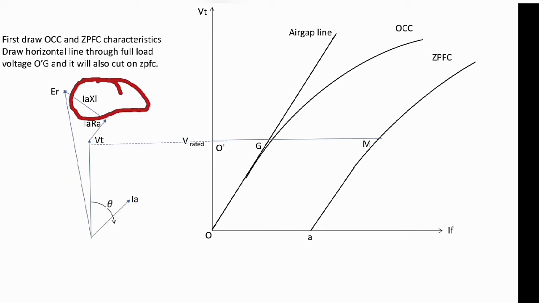And this ER is the resultant EMF. So you know these things, right? Here you see there is a terminal voltage, and through this terminal voltage we draw a line.